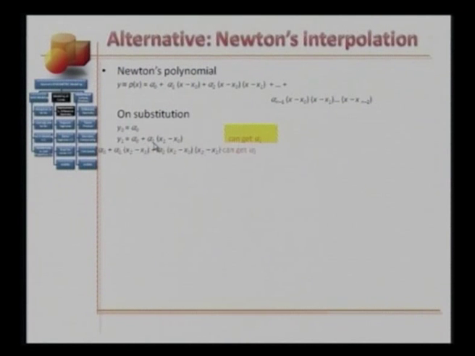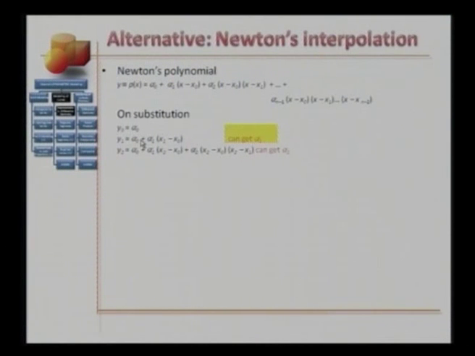For x equals x2, the first three terms remain in the series, while all the other terms become 0. These are the corresponding three terms, alpha 0 plus alpha 1 times x2 minus x0, plus alpha 2 times x2 minus x0 times x2 minus x1.